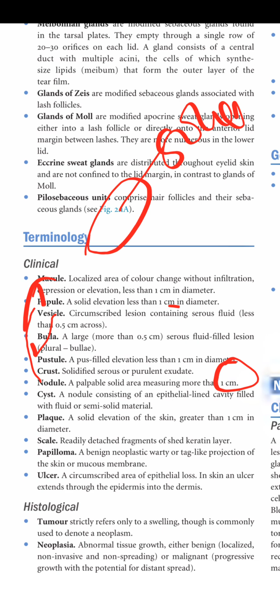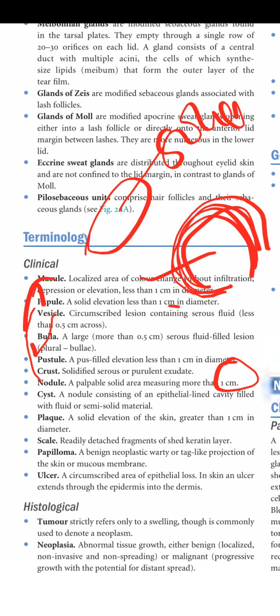A cyst is a nodule consisting of an epithelial-lined cavity filled with fluid or semi-solid material. So a cyst is basically an elevation containing epithelium with material in it, like a sebaceous cyst. A plaque is a solid elevation of the skin greater than 1 centimeter in diameter.